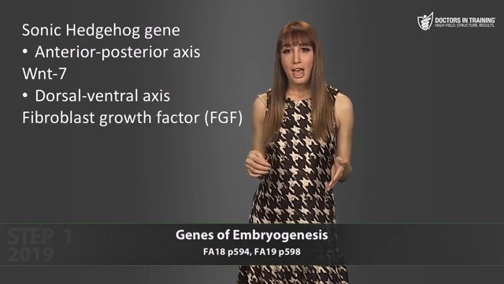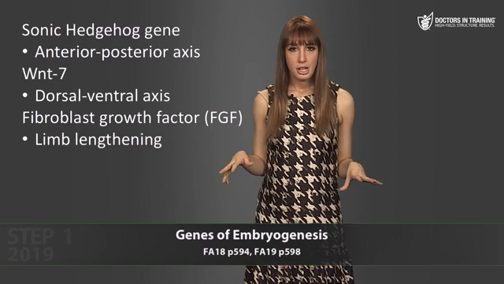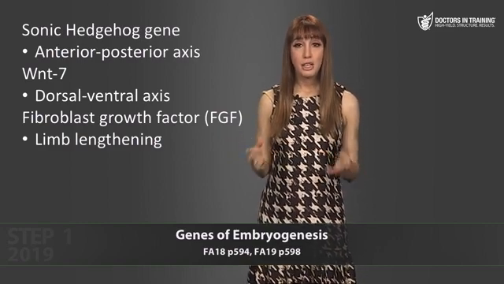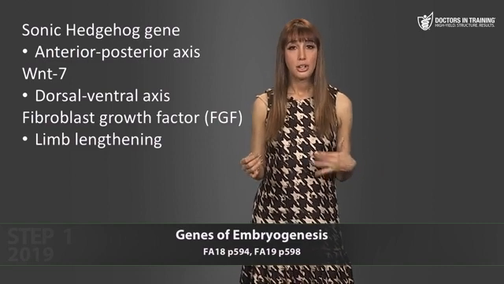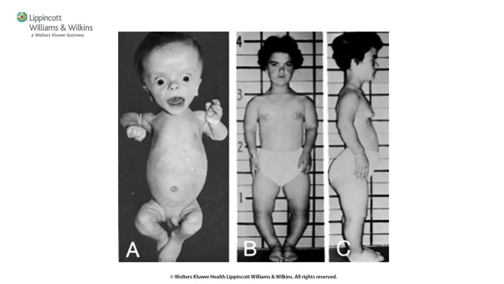And there's a gene called FGF that is important for limb lengthening. FGF stands for fibroblast growth factor. So if you have a defect of the FGF gene, you're going to have short limbs. And actually, a mutation in the gene for the FGF receptor causes achondroplasia, which results in, you guessed it, short limbs. All right, that's it for our video on teratogens.